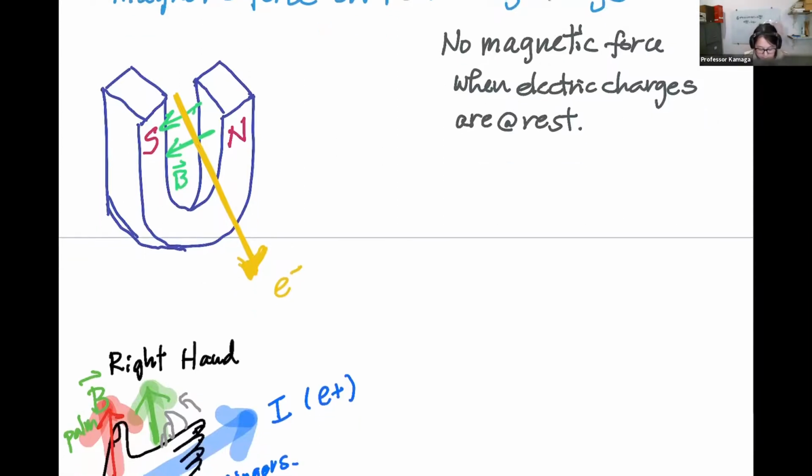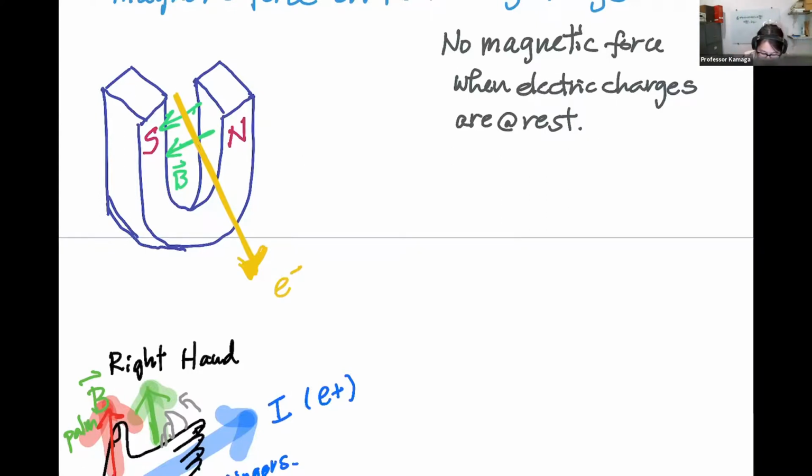If you use your right hand, the direction of your palm should be coming north to south. Then the electron is going to be the direction of your finger, but coming out. But this is an electron, which is a negative charge, so the current is actually pointing in the opposite direction. What is the direction of my thumb? It's going to be upward.